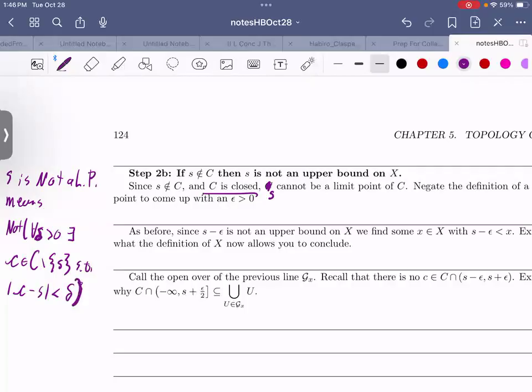And I negate it. You negate a universal, you get an existential.